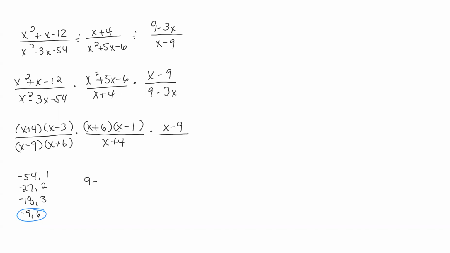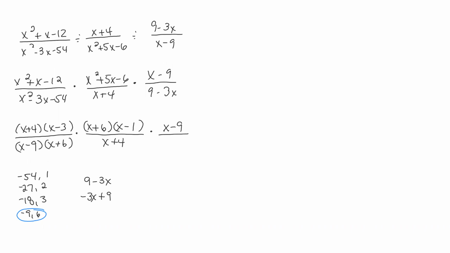So let's take a look at 9 minus 3x. This is not in standard form. And this is something that came up earlier in this video, and then it came up in the first video that we did. We need to put this in standard form. Okay. So we want the lead term, negative 3x, and then the constant. Now, when we put this in standard form, it looks like our lead term is negative.